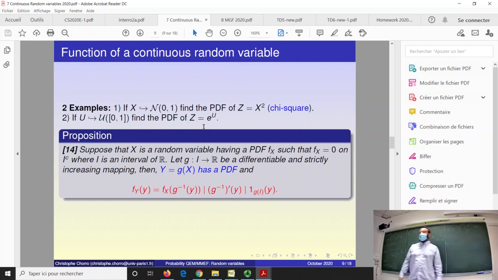It was the chi-square, this one. The density of a chi-square in the course was given by this expression: 1 over the square root of 2 pi x, exponential of minus x over 2, indicator function of x strictly positive. Okay?